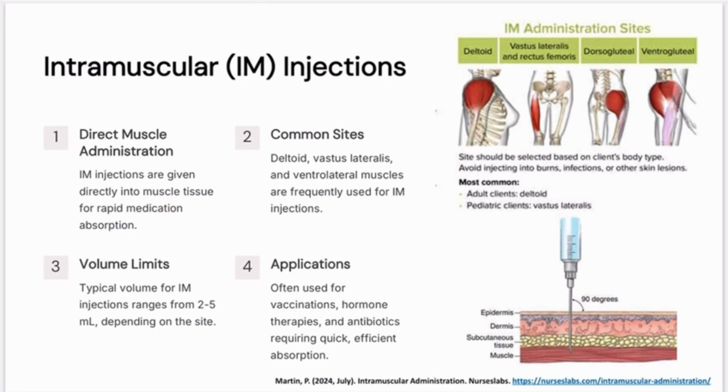Administering an IM injection into the wrong muscle can lead to inadequate medication absorption and ineffective treatment. These injections are often used for vaccinations, hormone therapies, and antibiotics that require deeper tissue absorption.